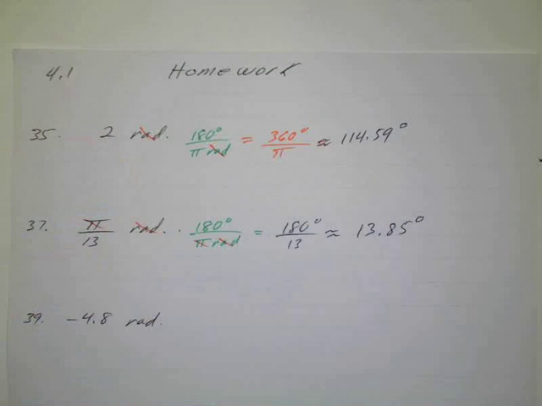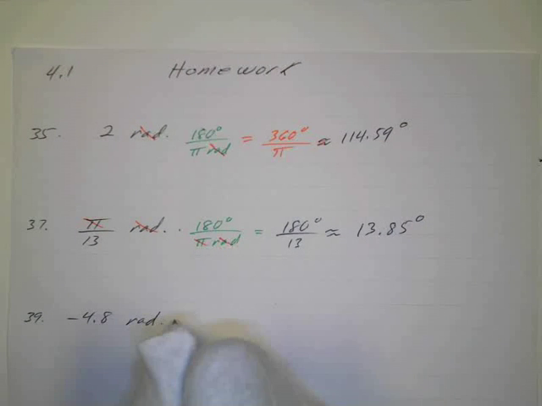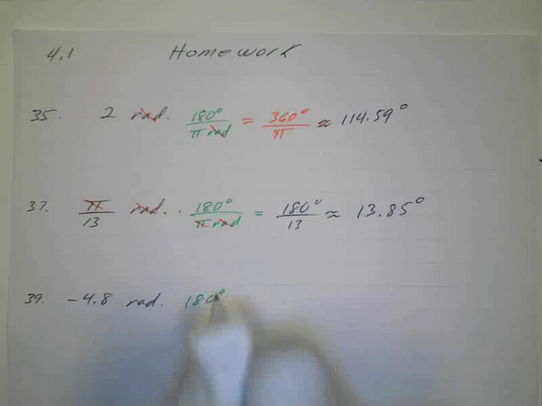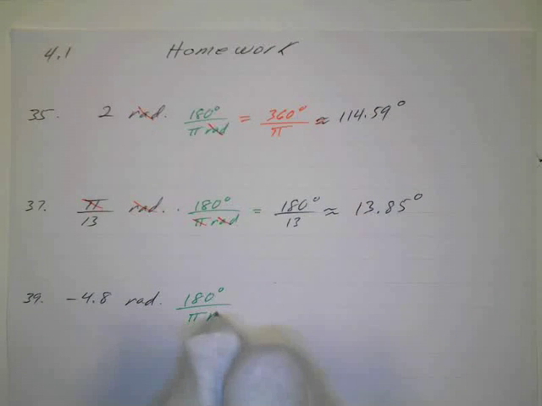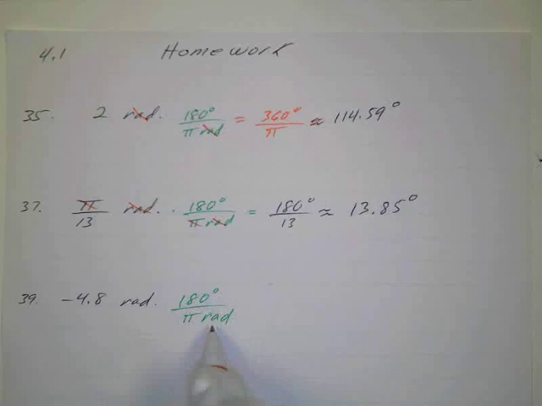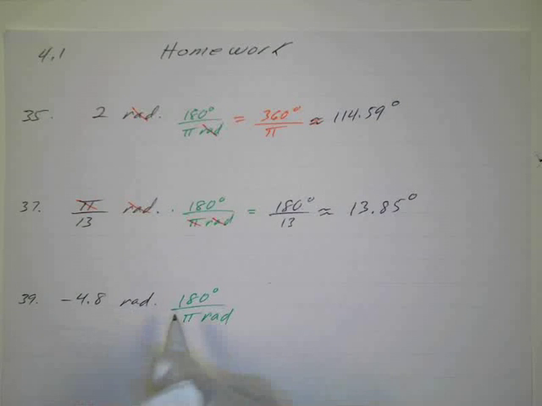So your units check. And the last one, negative 4.8 radians. And we know that there are 180 degrees per pi radians. As long as you carry your units out, then you're not going to mix this up. Sometimes people just mix it up if they don't put the units there.